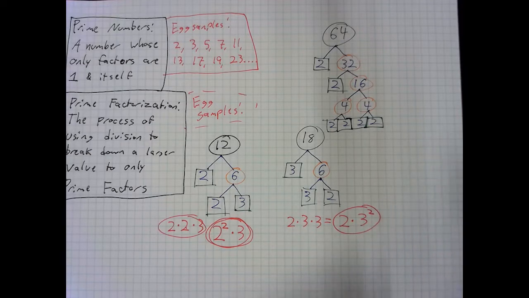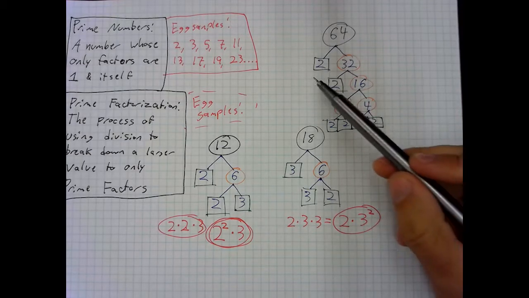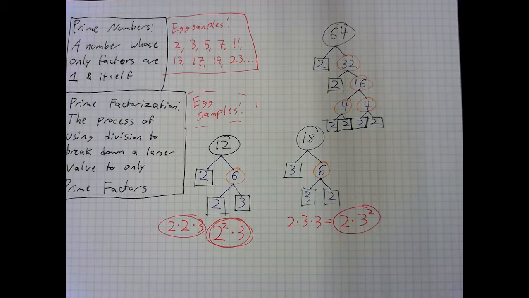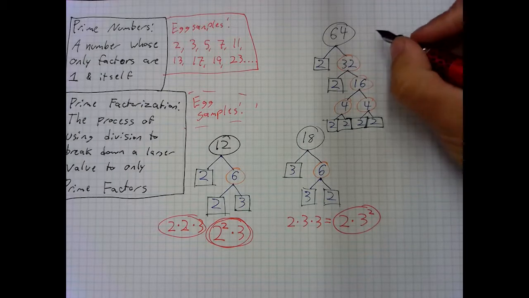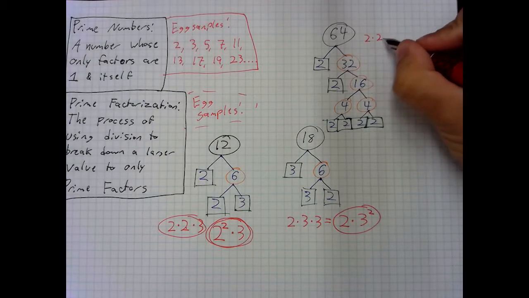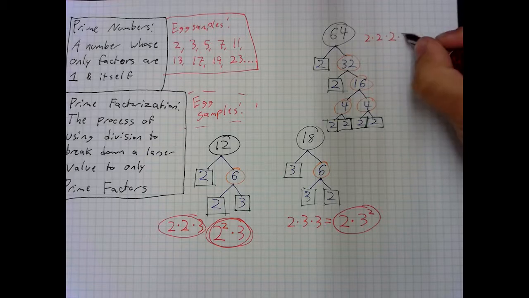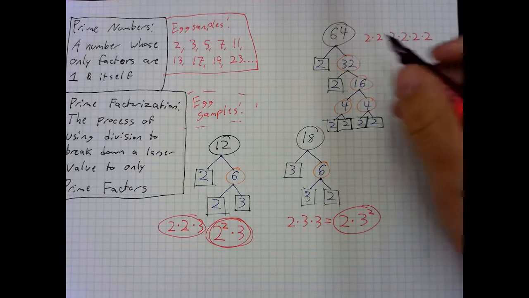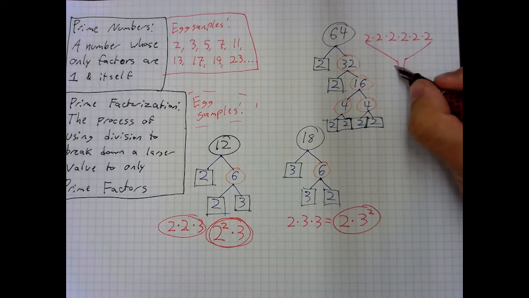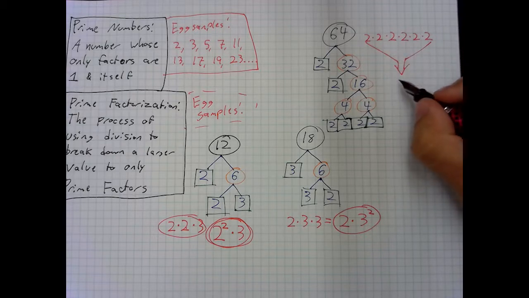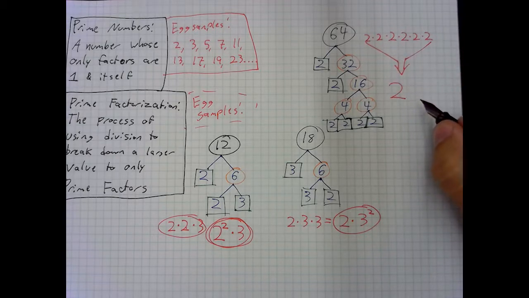We end up with not 1, not 2, but 1, 2, 3, 4, 5, 6 2's that make up 64. And it would be a little cumbersome to write out 2 6 times. That's a bit cumbersome. We can actually take this and make it a little bit easier to read by just saying that we are taking a 2 and multiplying it 6 times.